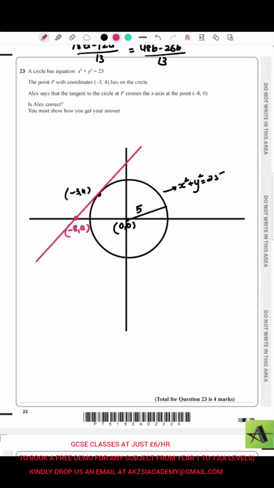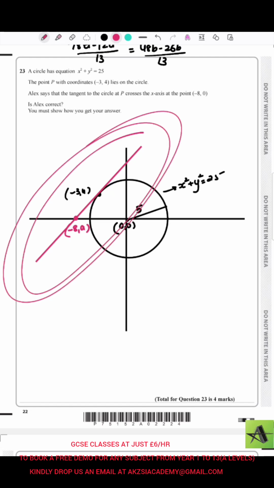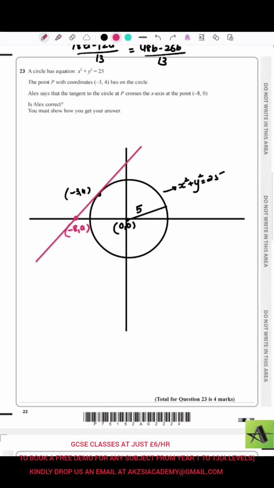So we have to prove whether Alex is correct or not. If I want to know whether this straight line passing through the x-axis will pass through -8, 0, I should have the equation of this tangent. So how can I find the equation of the tangent? First, we know that this is a tangent at point P. And if I join it, this is a radius.